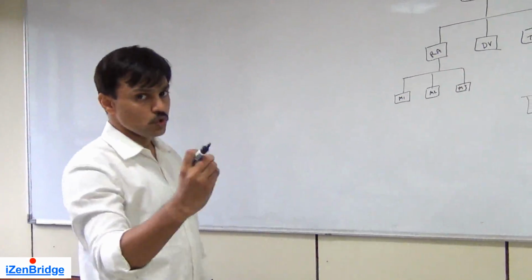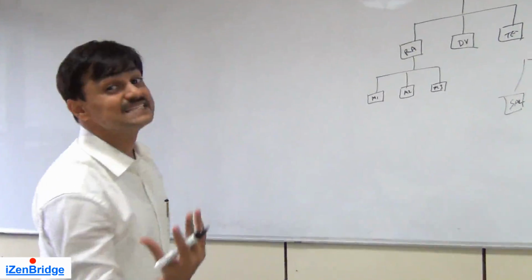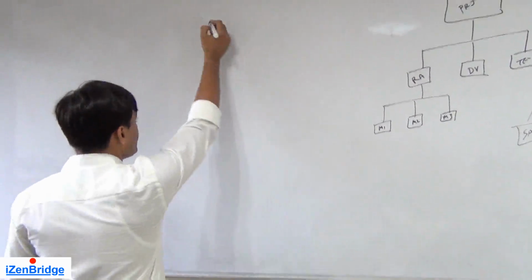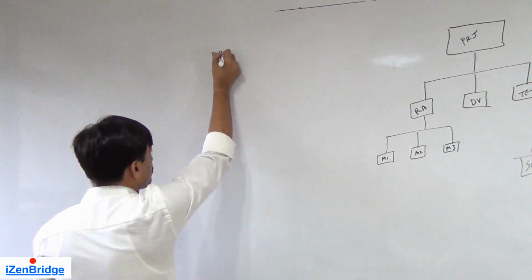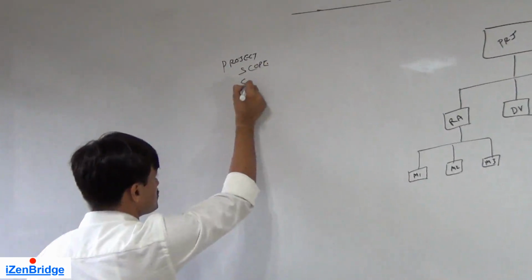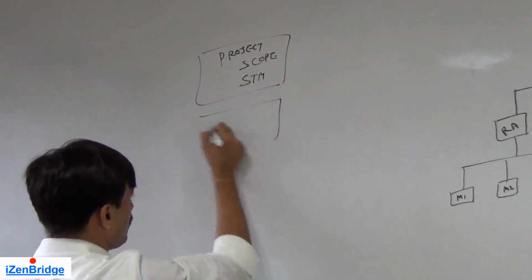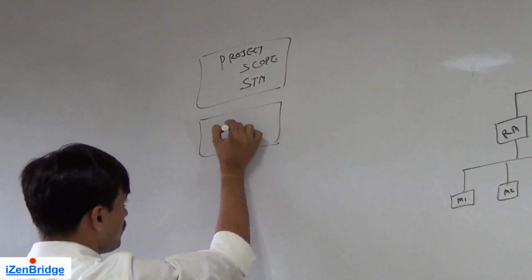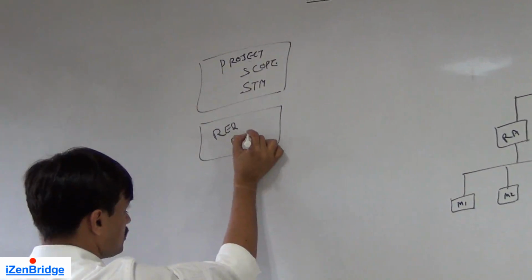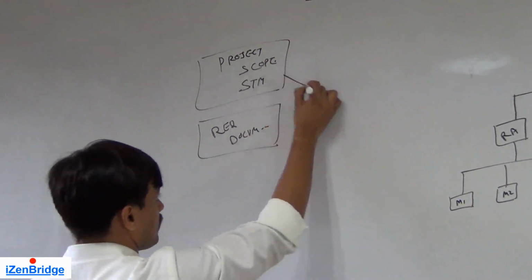So these two, scope information and requirement information, tell us what the work is. So we have the project scope statement as an input, and the requirement documentation as an input. They tell us what the work is.